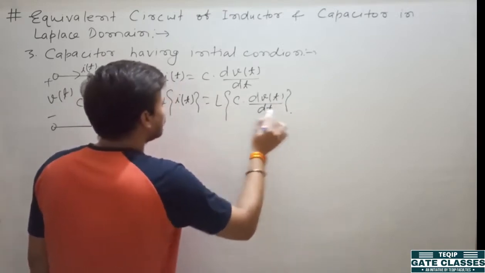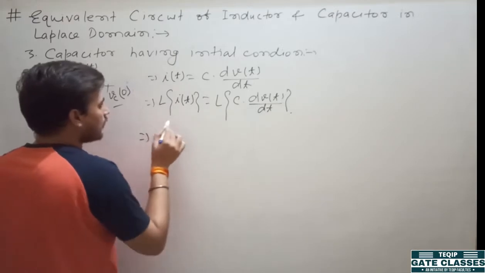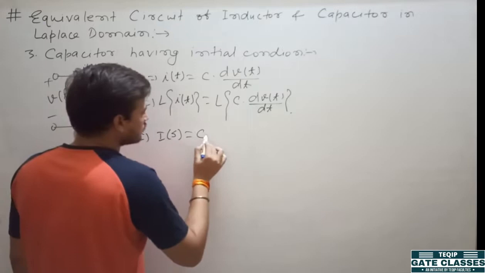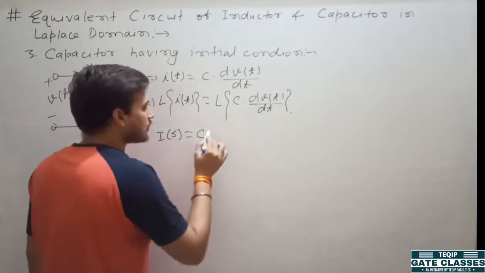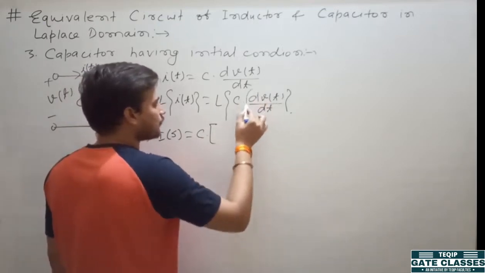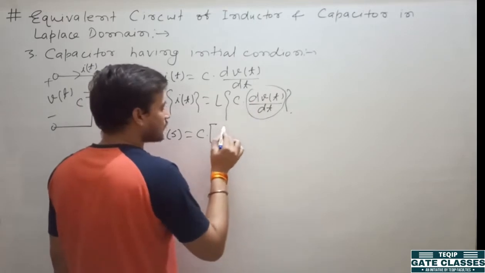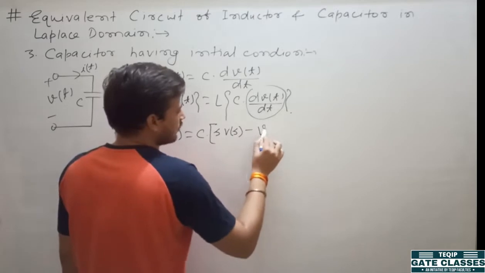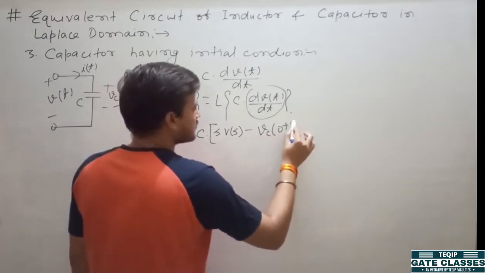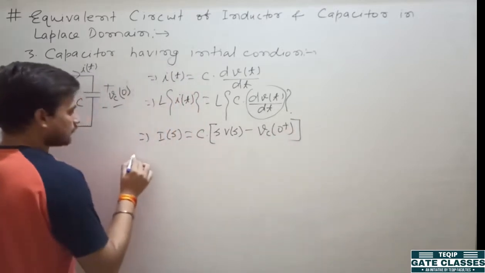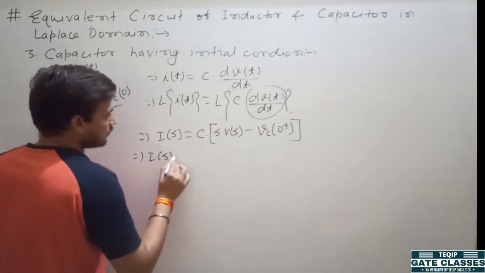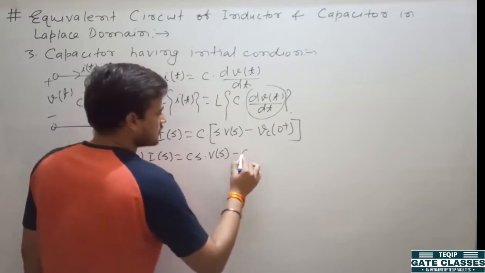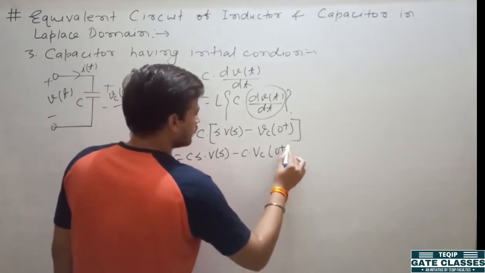From here, the Laplace of It will be Is, equal to C into, C is constant, now what will be the Laplace of this term? It will be S into Vs minus Vc0 plus, that means the initial voltage. So Is will be equal to Cs into Vs minus C into Vc0 plus.